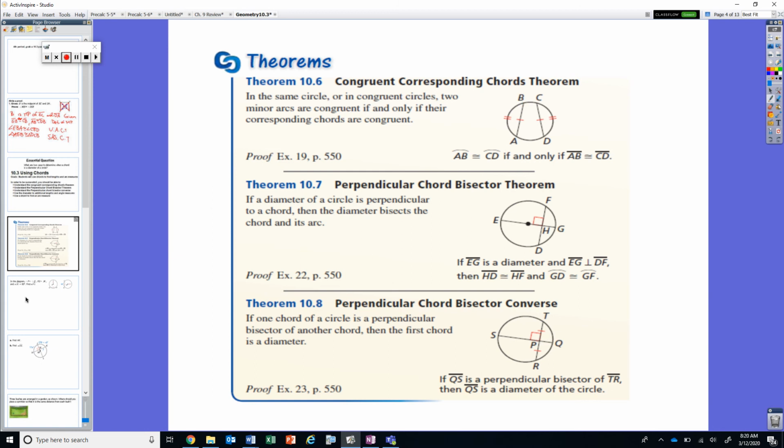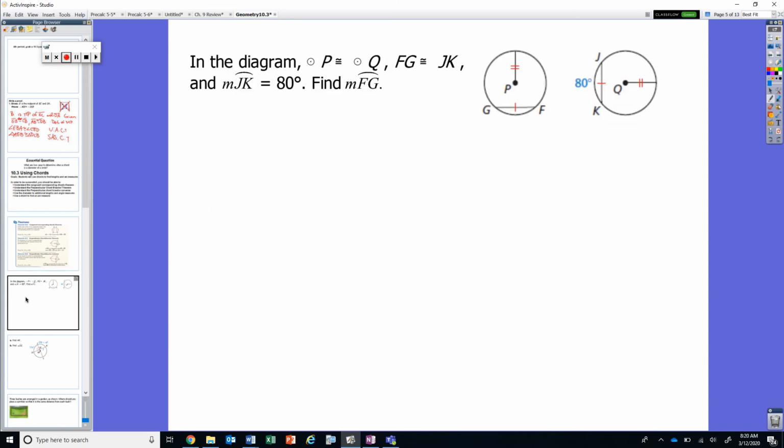So let's go ahead and take a look at an example of how we can utilize this first and foremost. So it says that in the diagram, circle P is congruent to circle Q. It says that chord FG is congruent to chord JK. And so if that is the case, what ends up happening is that we have congruent arcs as well.